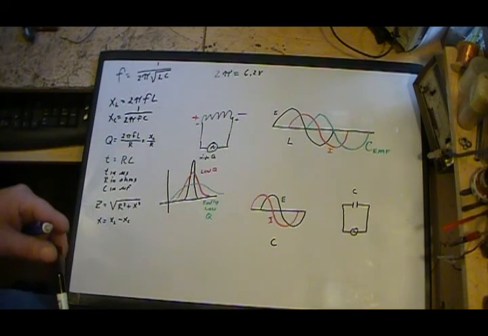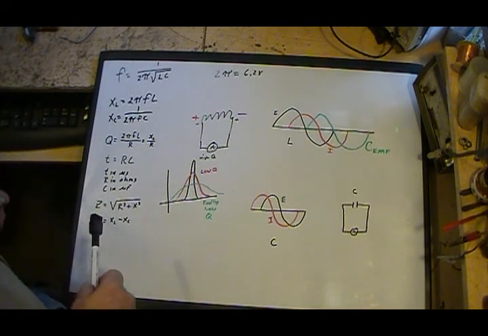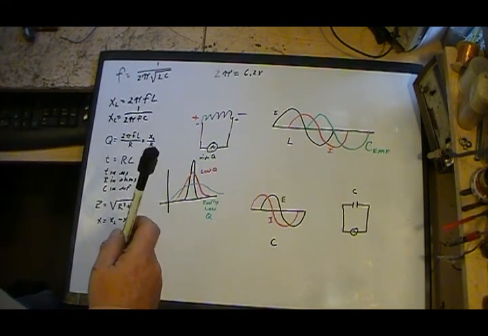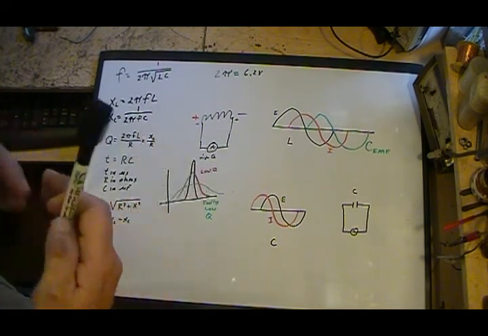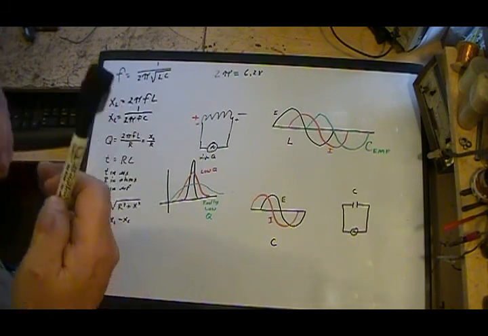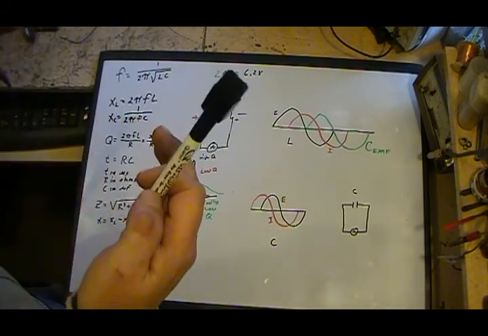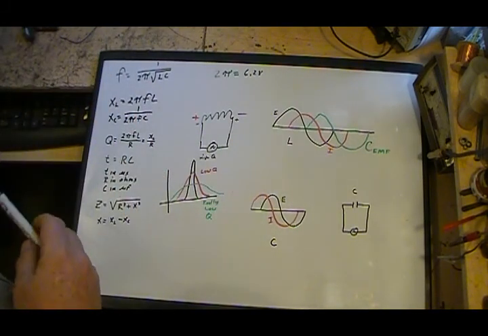Now let's talk about capacitors. When you put a DC signal into a capacitor, you know what happens. It charges up the capacitor, blocks it, that's it, no more flow.